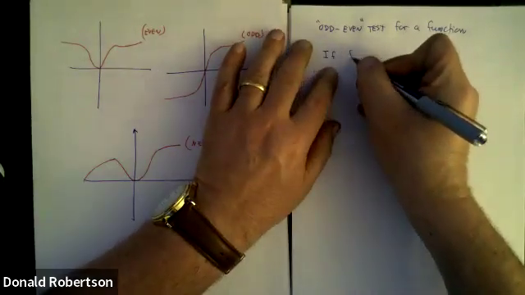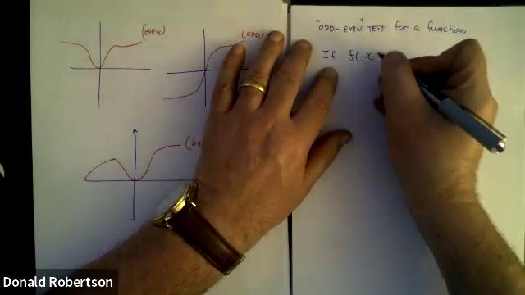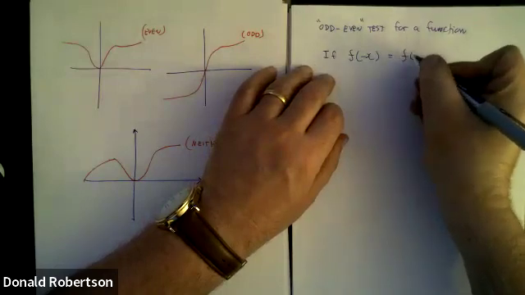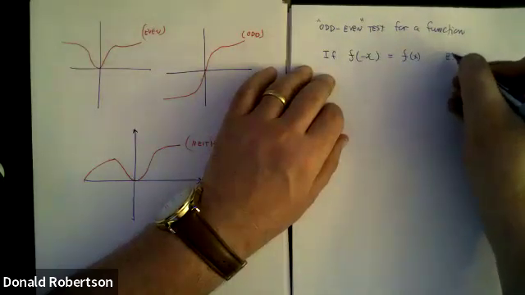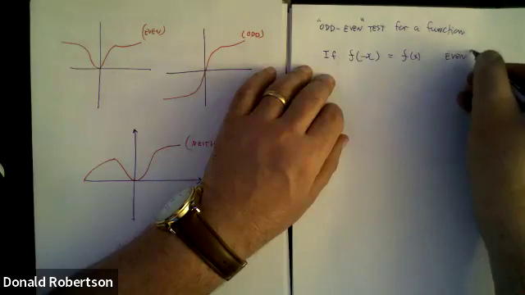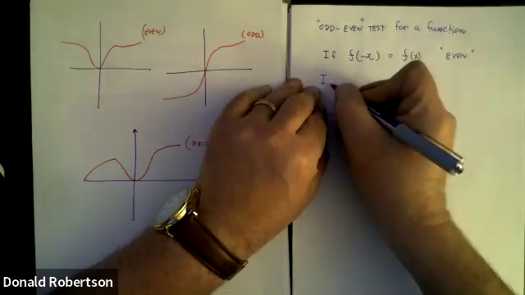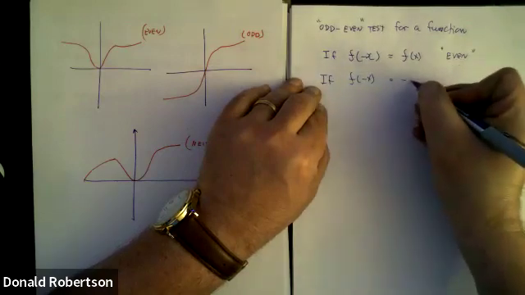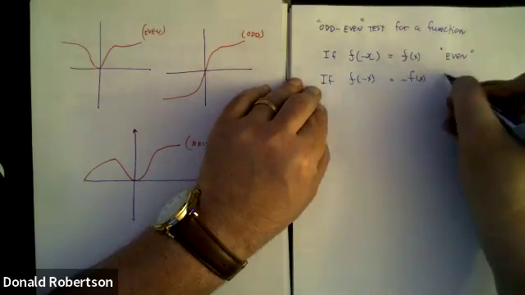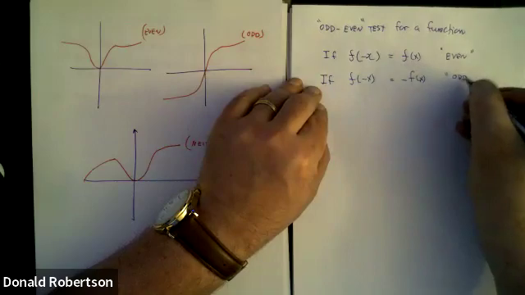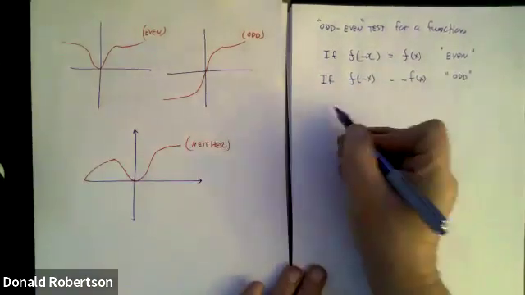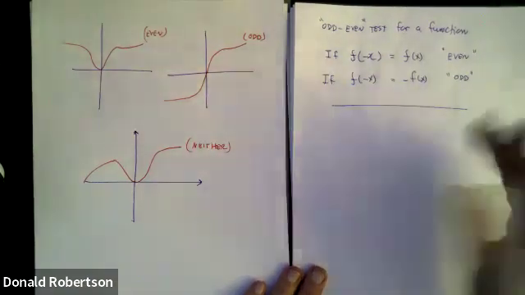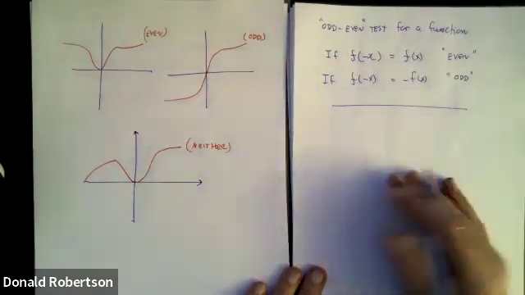If f of negative x is the same thing as f of x, then your function is even. If f of negative x is actually a negative of the thing, then your function is odd. And that's your test. And if neither of these is true, then I guess it will be a neither.